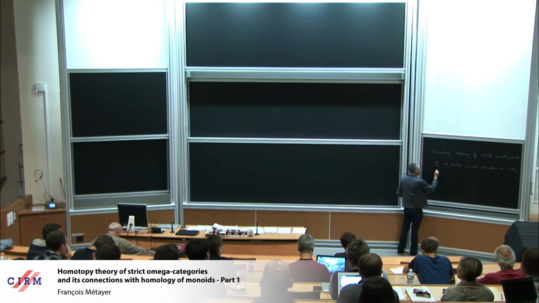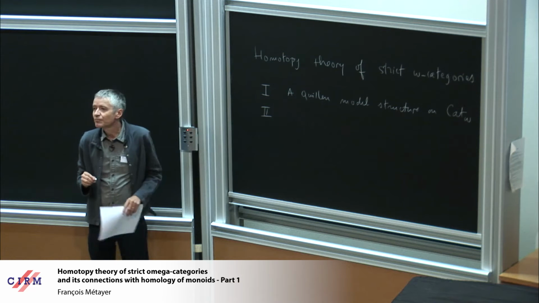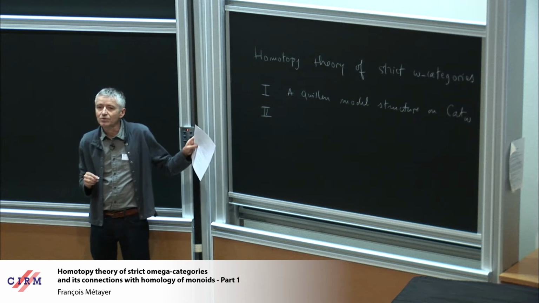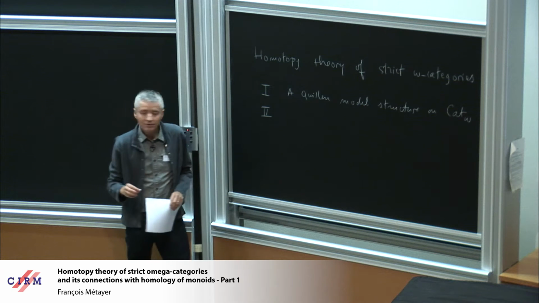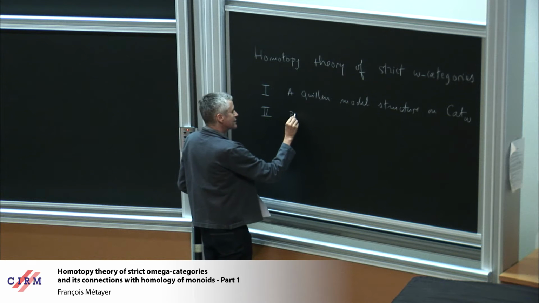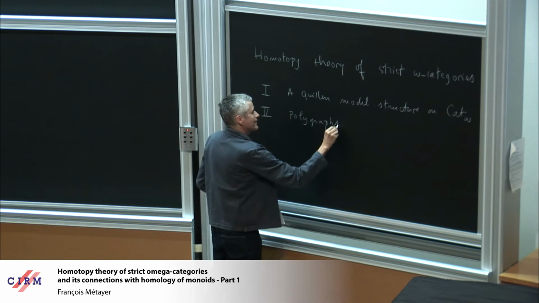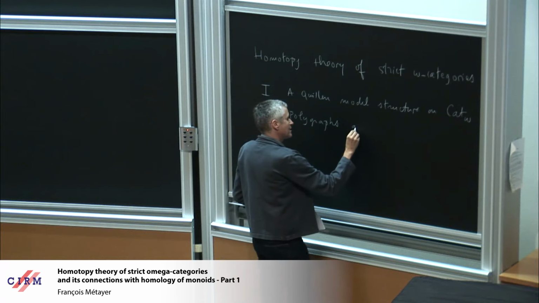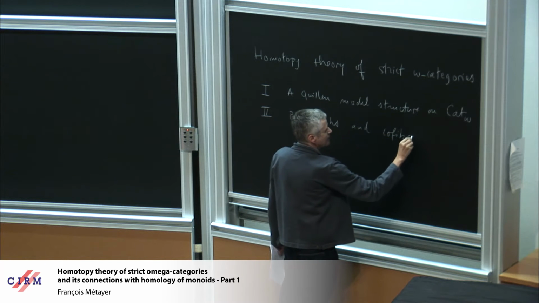In the second part, we will try to characterize the cofibrant objects in this model structure. So this will be about polygraphs and cofibrant objects.